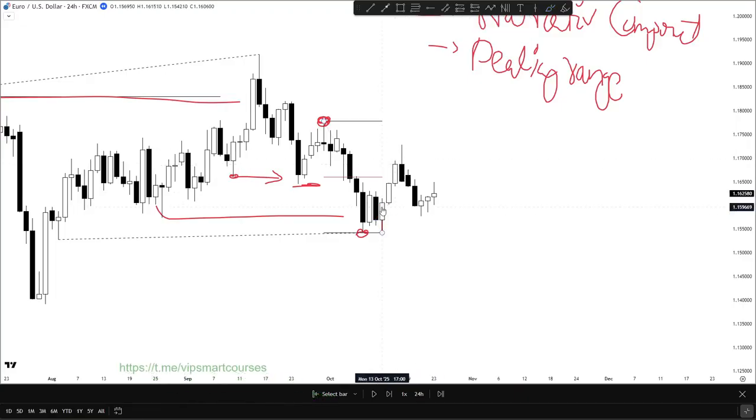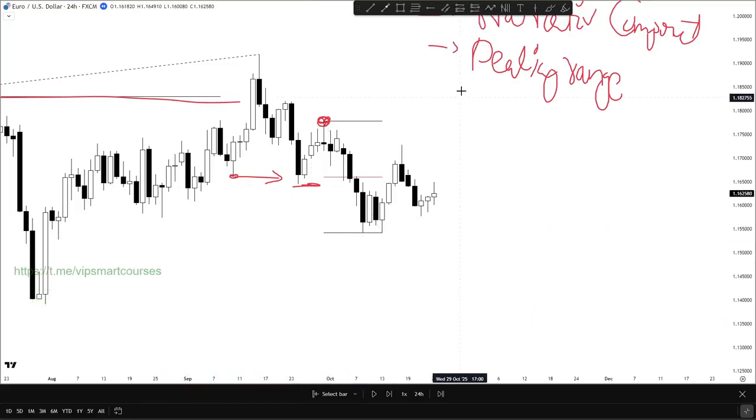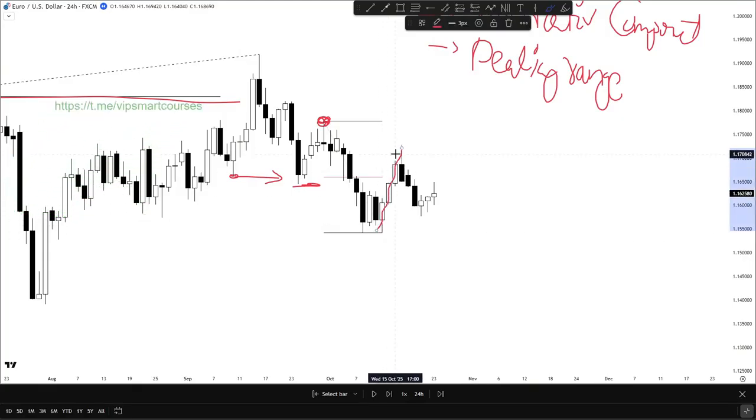You can see that after this dealing range was formed, price then retraced higher, had a retracement profile higher. With this retracement profile, it tested this premium key level in the form of this premium order block.